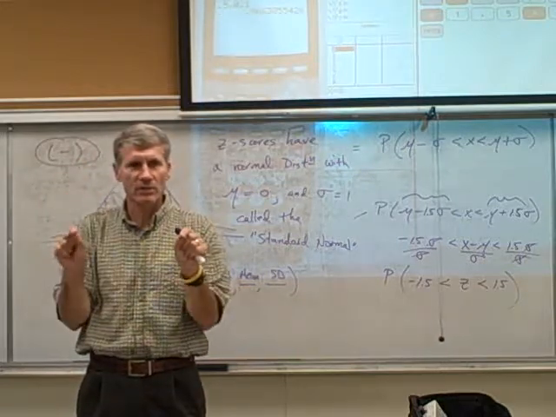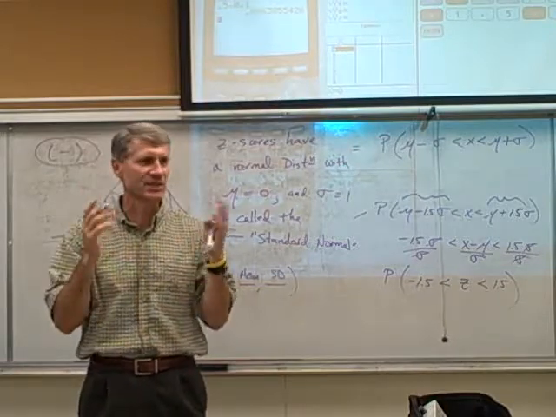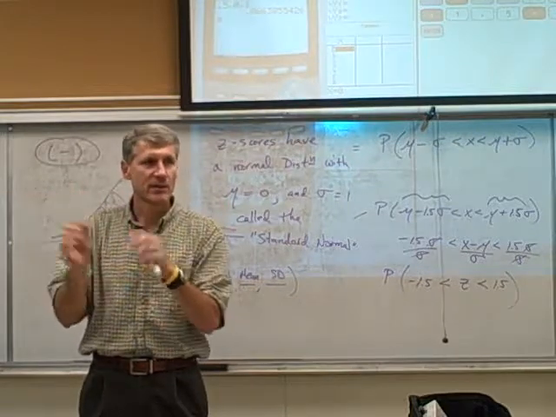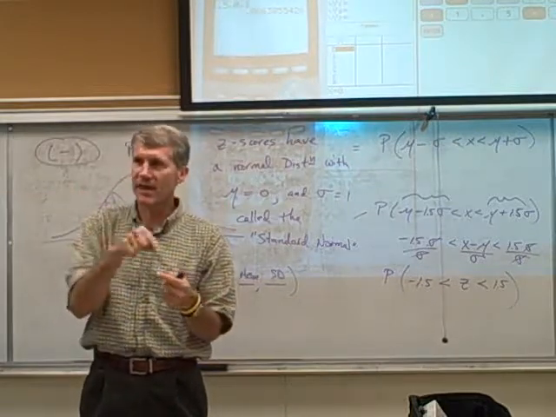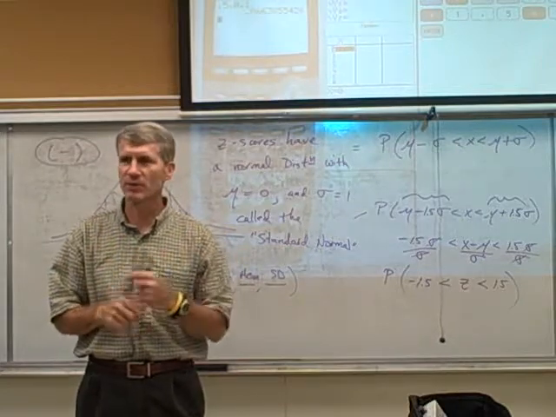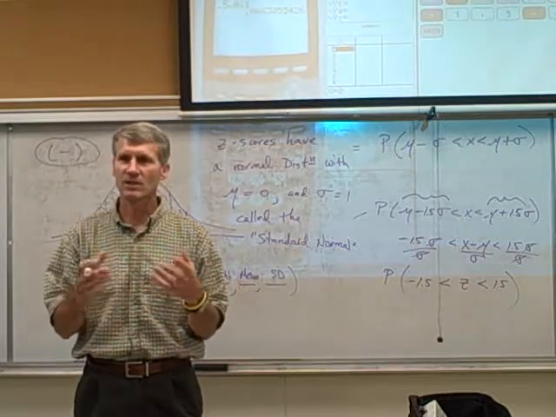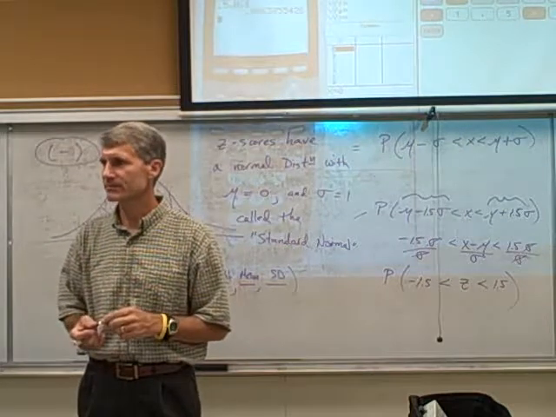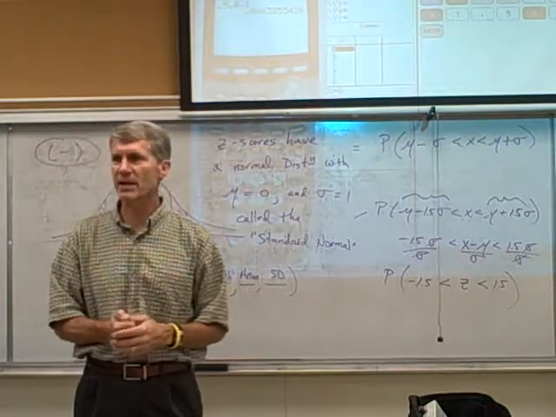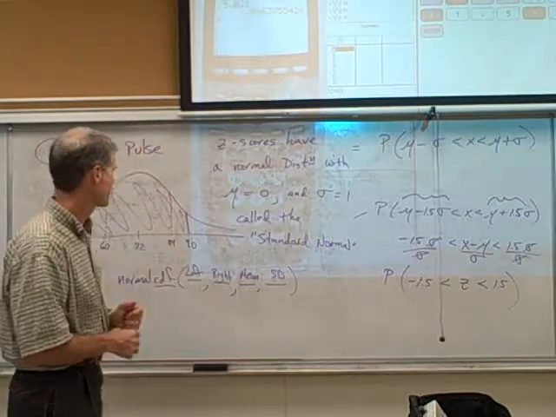Figure out where it goes, shade the region you want the area for, and then make a ballpark guess in your mind. Well, it ought to be a number around this. Then when you work the problem, you can look at that and go, well, that can't be right. If you're way off from what your ballpark eyeball says it ought to be, then you know I probably made a mistake. But if you're close, like this is close, say, yeah, I must have got that one right. I can go on to the next one and feel good about it. Okay?